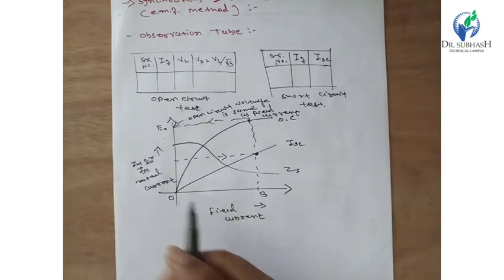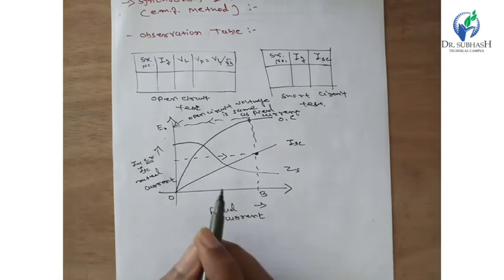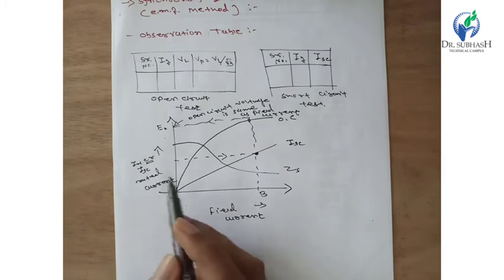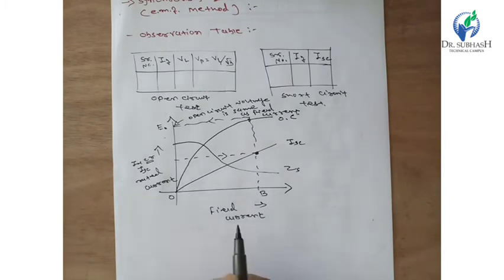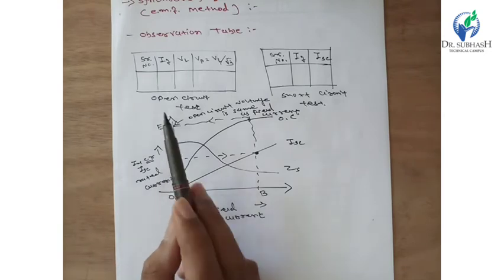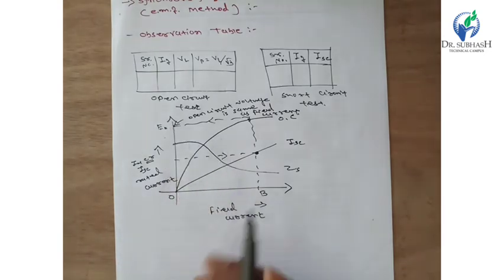This is a starting point. So this is the characteristic of open circuit field current versus rated current value. As there is no terminal voltage available here, E0 is used for the synchronous impedance drop. Here the value of EMF is E0.